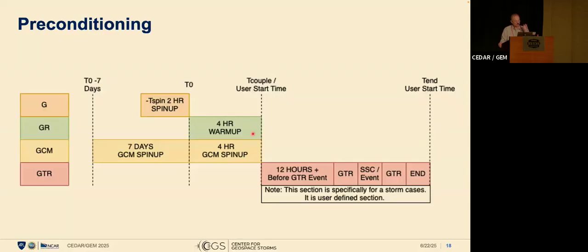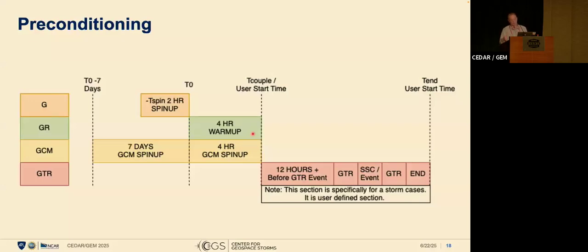We generally do a warm up where we're just running the Gamera and the RCM to get settled down a little bit of that noise in the coupling that happens for 4 hours before your start time to help with the stability. And even before that, in the Gamera portion of it, we do 2 hours of spin up where we're blowing in solar wind with no magnetic field to help that magnetosphere take shape.